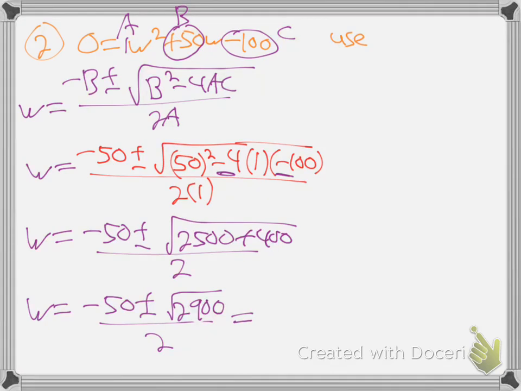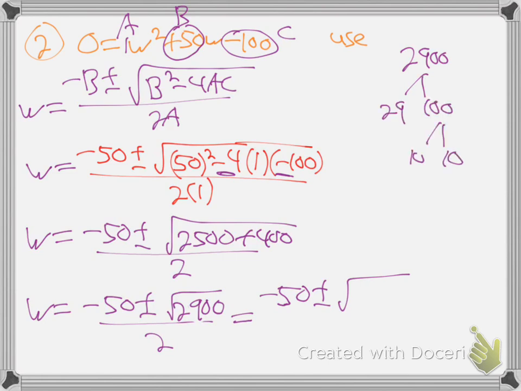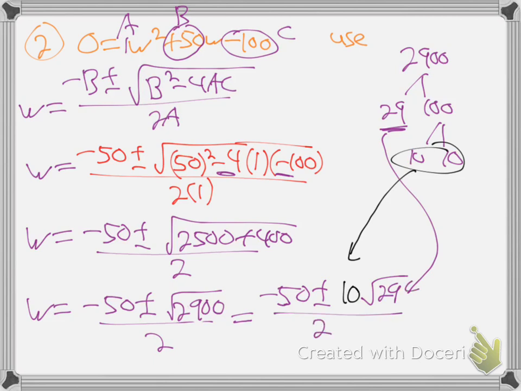Well, 2900 is 29 times 100, and 100 is 10 times 10. Right there is 2 tens. I don't need to break that down to 25 25. Why bother? Right now I've got 2 tens. So if you've got 2 of anything, ship out a 10, and the 29 remains inside, over 2, like that.